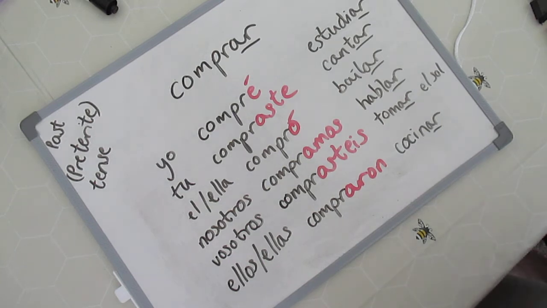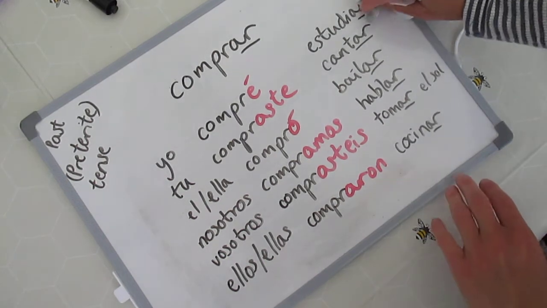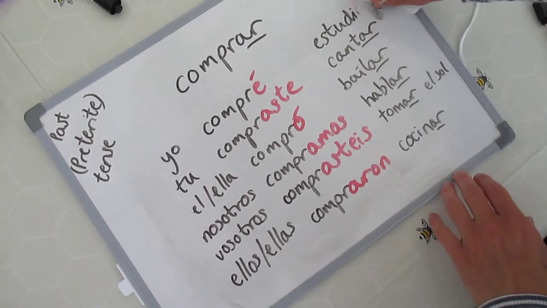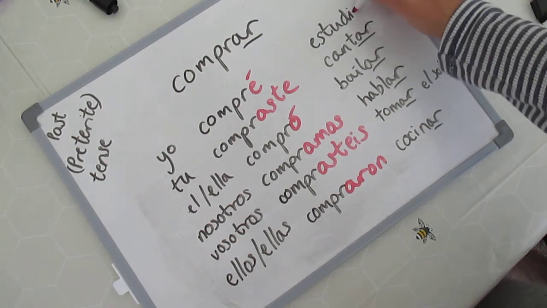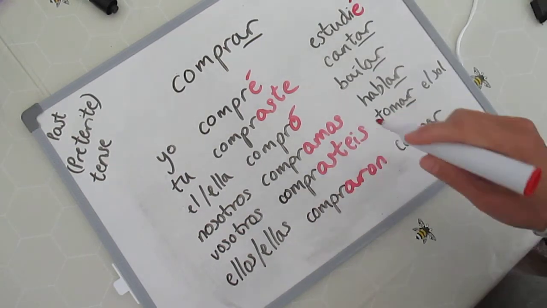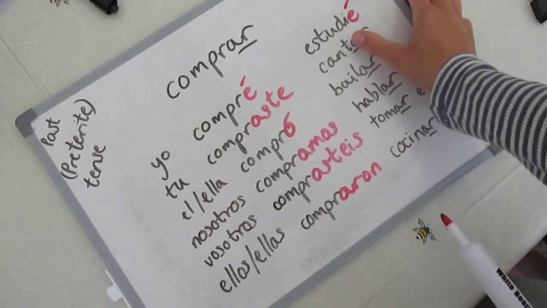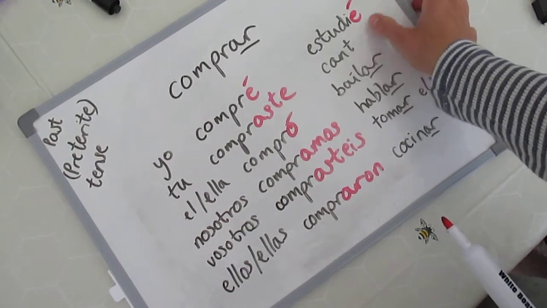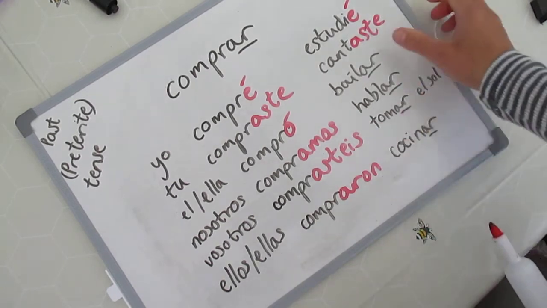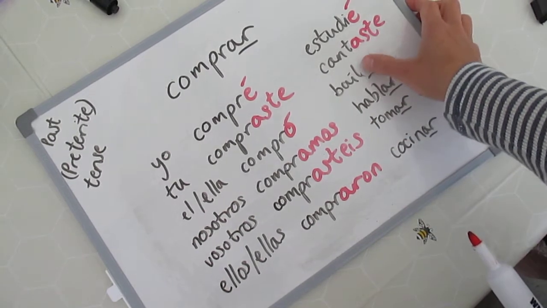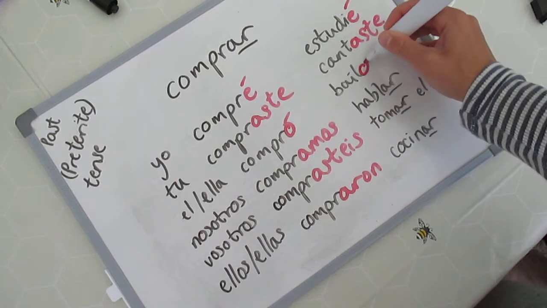Okay, so for yo and estudiar, we take off the AR, and it becomes estudié. For tú, for cantar in the past tense, so you sang, it would be cantaste. For bailar, so he or she danced in the past tense, bailó.